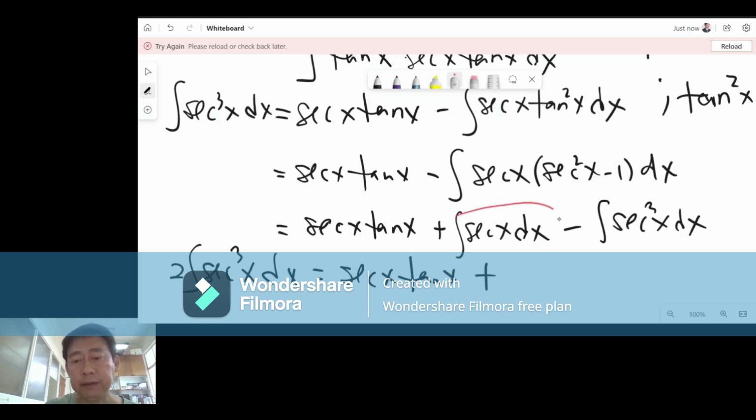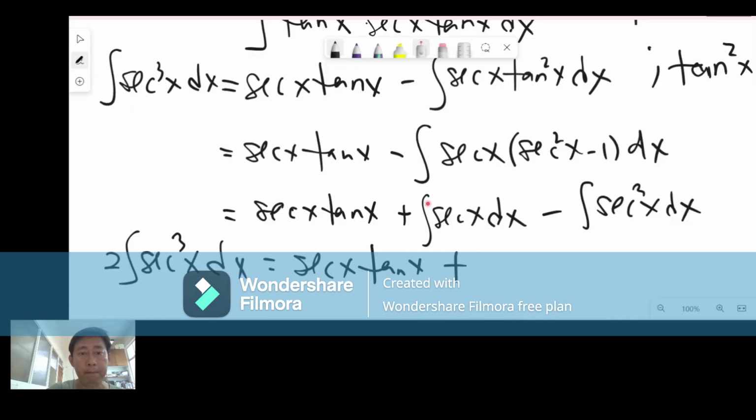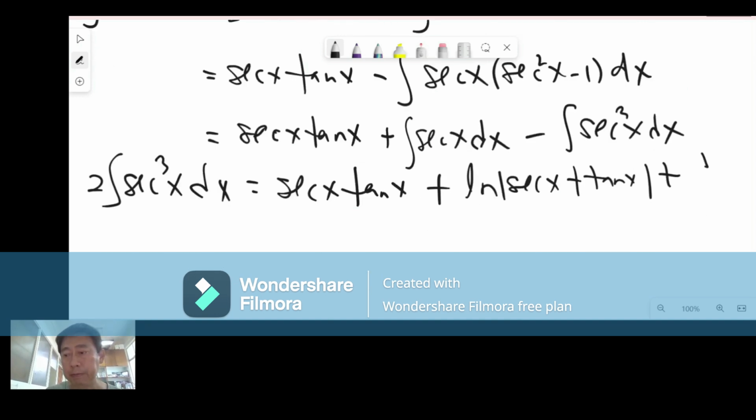The integration of secant x has to be referred to example 7 in module 1. In module 1, example 7, we have already worked out the integration of secant x, and the result is the log of secant x plus tangent x. By making use of that result, the integration of secant x is simply the log of secant x plus tangent x plus an arbitrary constant.